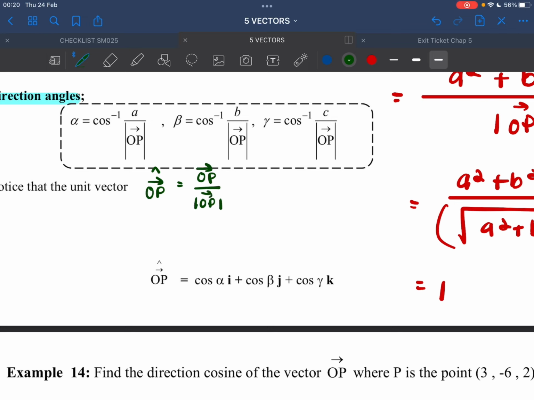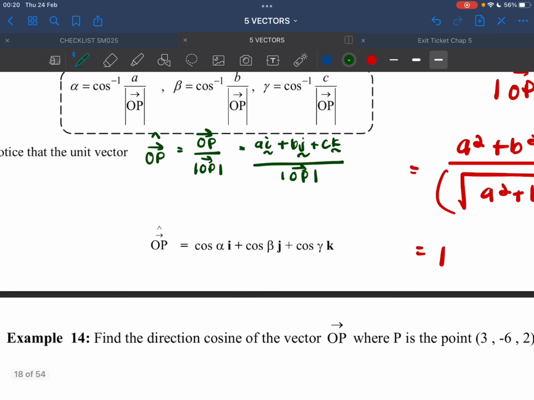Here we will have AI plus BJ plus CK over the magnitude, let's write that as OP. Now if we separate this, we will have A over magnitude of OP I plus B over magnitude of OP J, sorry, plus C over magnitude of OP K.